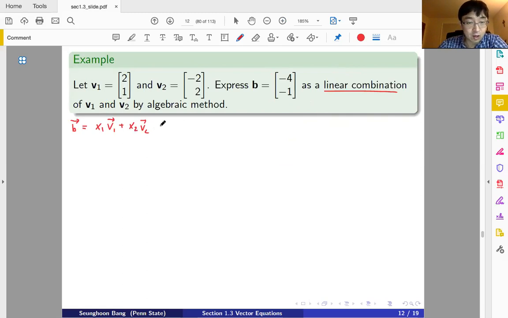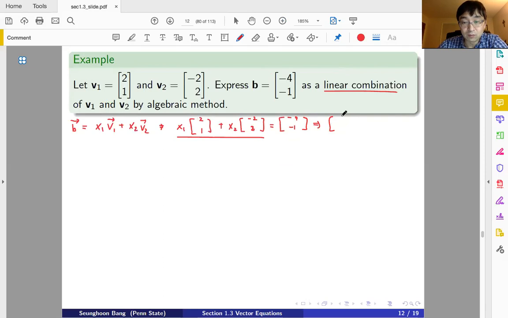So you can use this: x1 is unknown, times vector v1, (2, 1), plus x2 times vector v2, (-2, 2), equals vector b, (-4, -1). You can change this to matrix form. The first column is 2, 1.